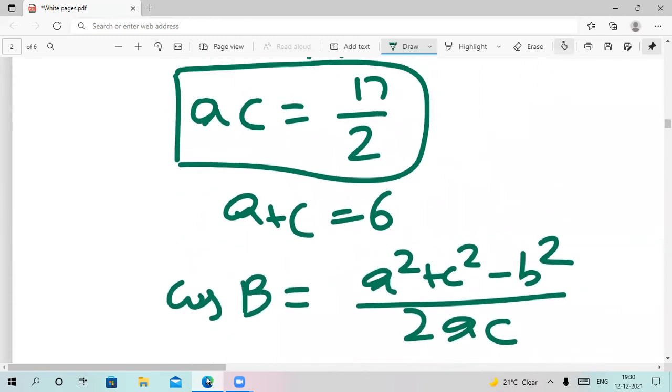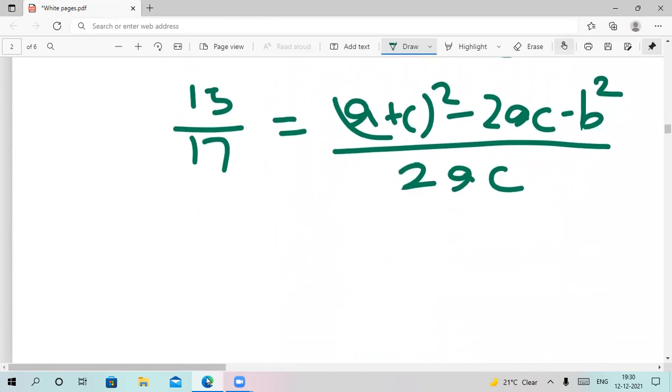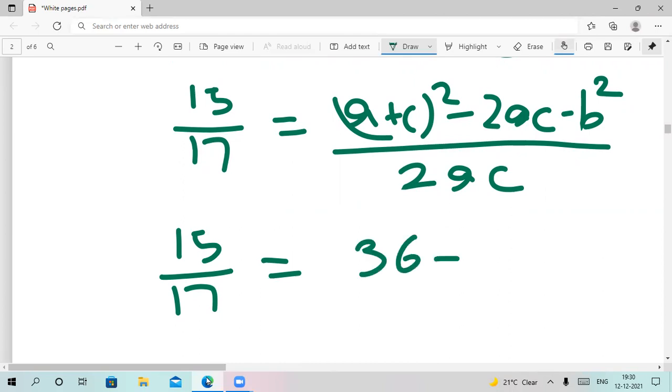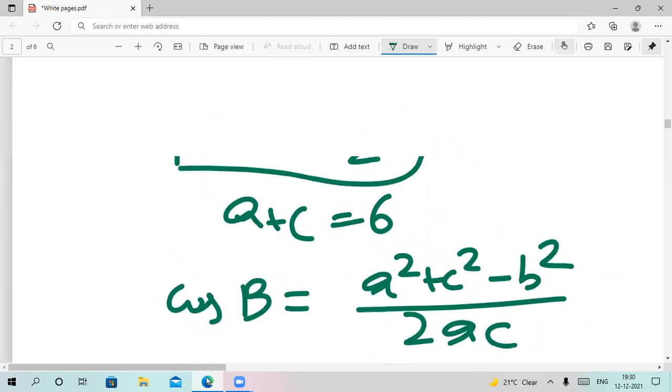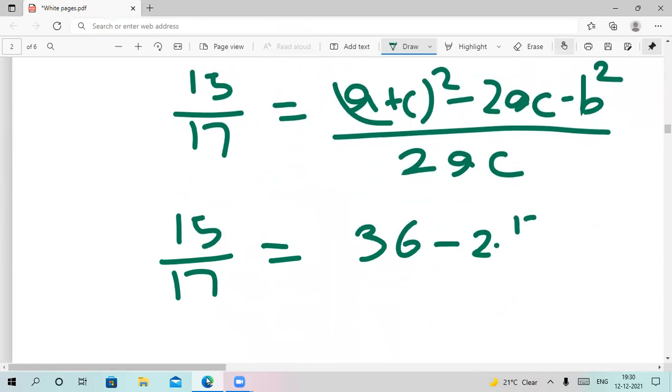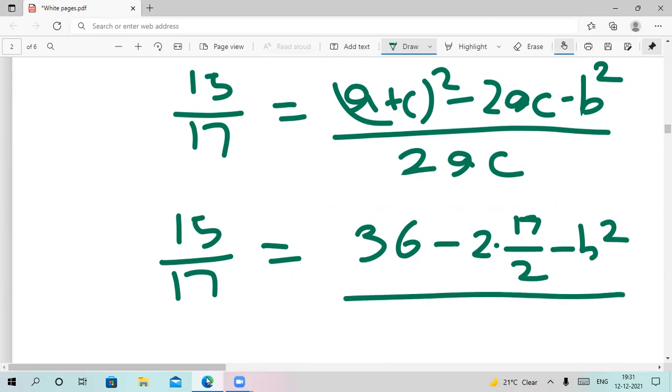Now the value of AC is 17 divided by 2, and the value of A plus C is equal to 6. So putting these two quantities into the expression, I can write (A plus C) whole square as 36, minus 2 into AC, and AC is 17 divided by 2, minus B square, divided by 2 times 17 divided by 2.